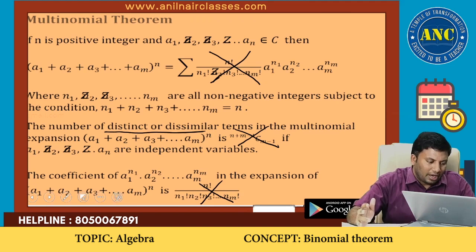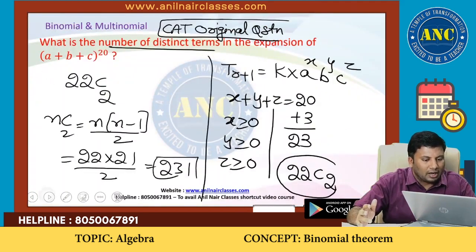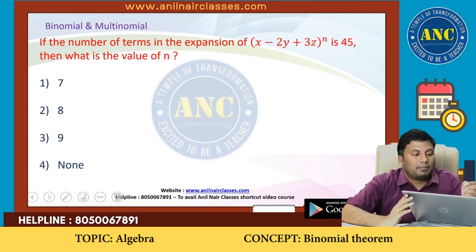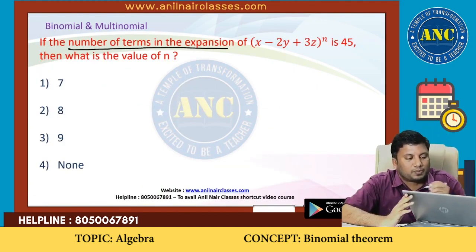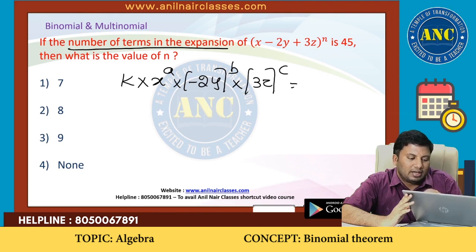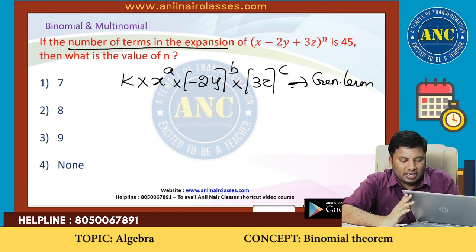Multinomial theorem. I hope the concept is clear. Now level 3. Find the number of terms in the expansion. The generic term is k into x power a into minus 2y power b into 3z power c. It is the generic term.